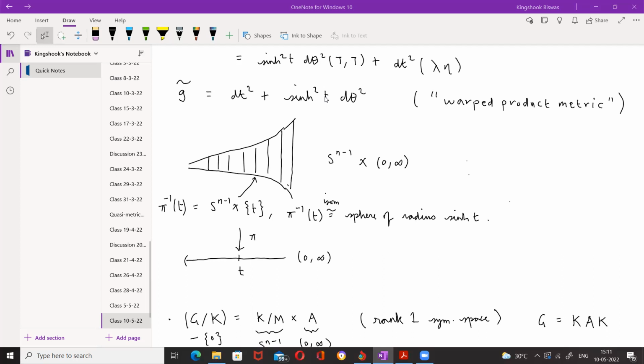Volume element means basically, if I take, say, omega equal to the volume element of the sphere S^(n-1), okay, then omega tilde is the volume element of S^(n-1) cross (0, infinity) with the metric G tilde.